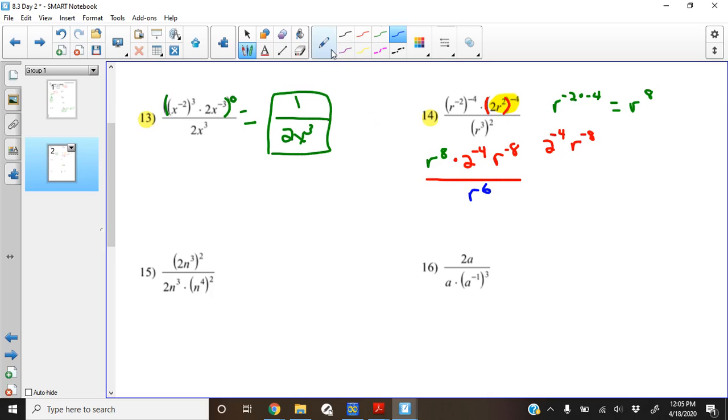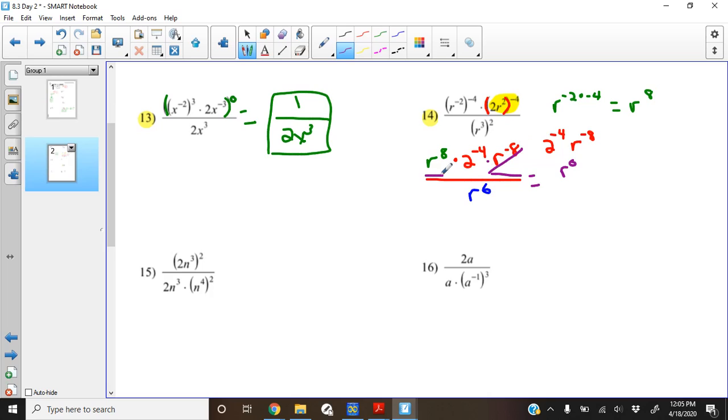Now, here is our little shortcut. R to the 8 times r to the negative 8. What do you do to your exponents when you're multiplying? You add. But what is 8 plus negative 8? It's 0, right? And what is r to the 0? It's 1.